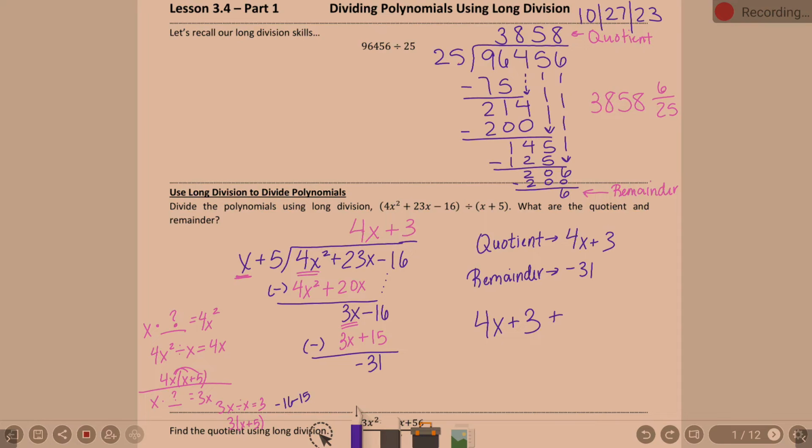So you can think of it as adding negative 31 over x plus 5. But better than adding a negative is to write it as subtracting. So if you're putting an answer in Savas, they'd probably want to see 4x plus 3 minus 31 over x plus 5. They would probably want to see that as your division answer.